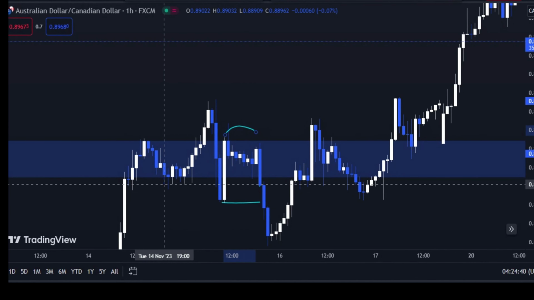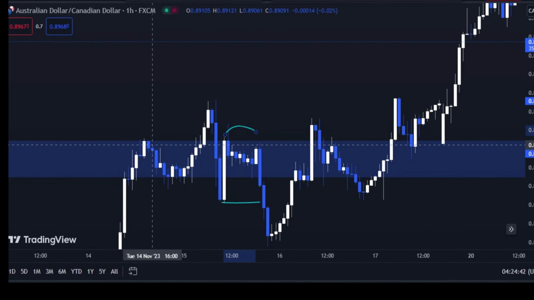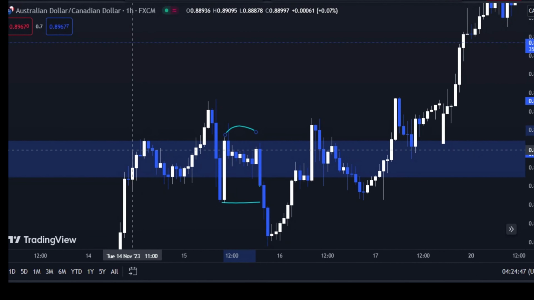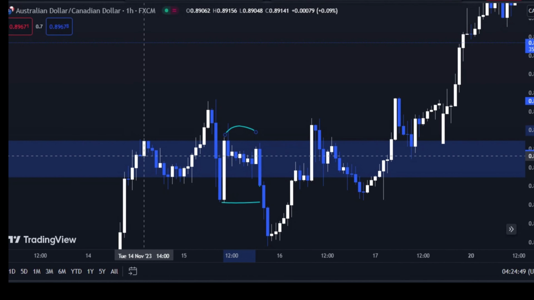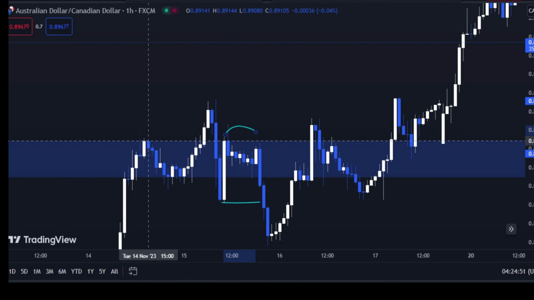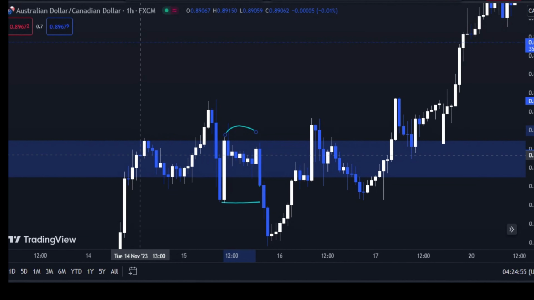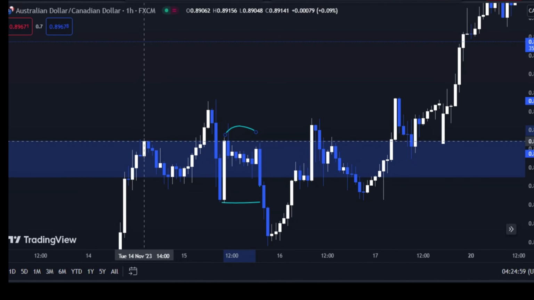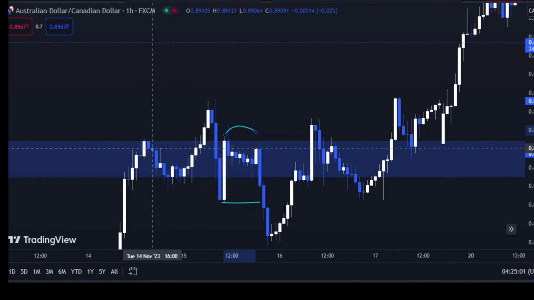So we will look at this other example here. What we have here is price was pushing up here, price was pushing up here. What you can see is the last candle high here was this white candle, so it had the highest high in this range.